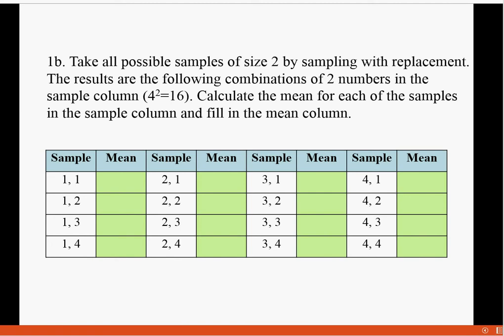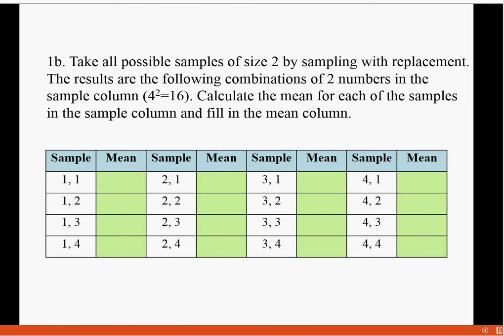So if we have 4 numbers in the pool, and you take all possible samples of size 2, eventually you exhaust all the possible combinations of 2 numbers, as we can see here on this table. 1, 1, 1, 2, 1, 3, 1, 4, 4 combinations, and 2, 1, 2, 2, 2, 3, 2, 4, another 4 combinations. Here 1, 2 and 2, 1 are 2 different combinations because the 2 numbers come in different order.